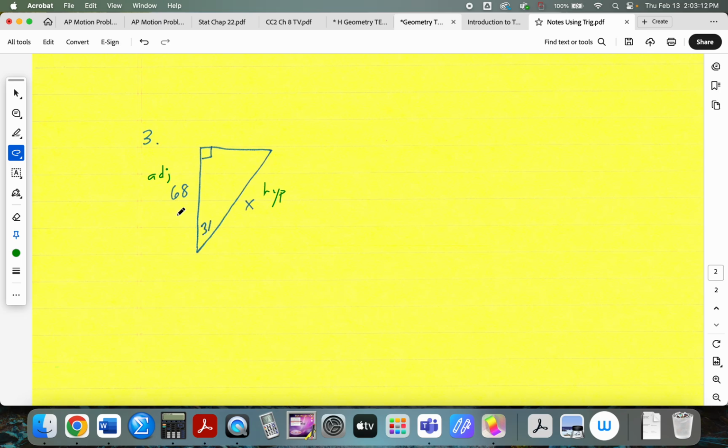Oh, it's cosine. Cosine of what? 31 over 1. Yep. And then 68 over x. It's adjacent over hypotenuse.